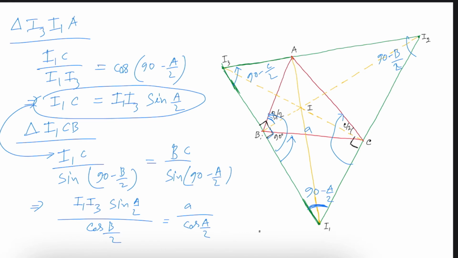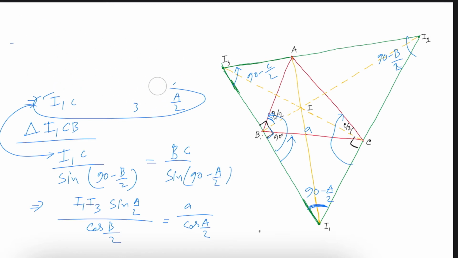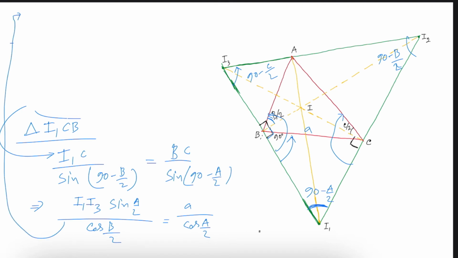Okay, from here what we can write, so let us remove this part. So no need of this. Now from here, I1I3 is a cos B by 2 divided by sine A by 2 cos A by 2.